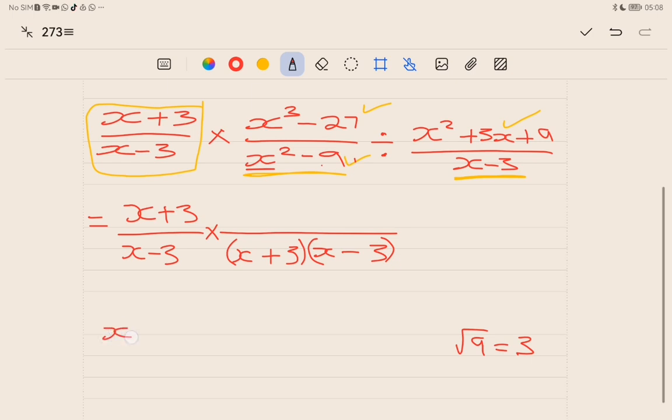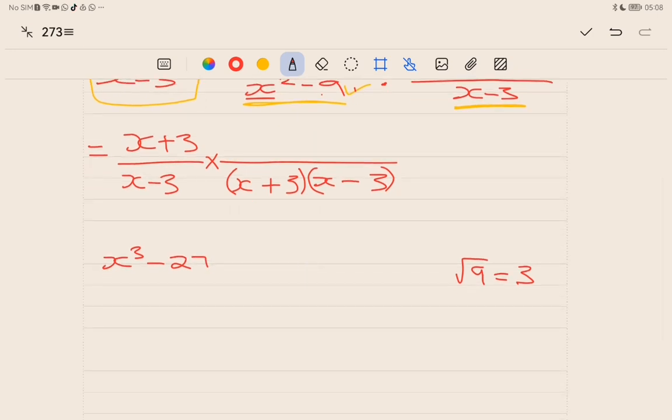So now let's factorize the upper part. So the upper part, it is a difference of 2 cubes. So how do I know that 27 is a cube? So 27 under a cube root gives us 3. So it is a cube. That's how we know. So when you are factorizing a difference of 2 cubes, the first thing that you need to do, you open a small bracket, then open a bigger one.